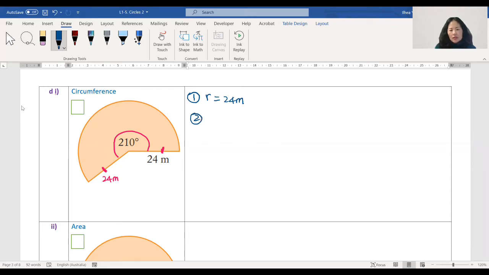So C equals 2 times pi times radius times, I'm going to be looking at just 210 degrees over 360 degrees. That's all we're looking at. We're not looking at the whole circle, only the 210 degrees part. Now that's just going to give me the curved part of this circular shape.